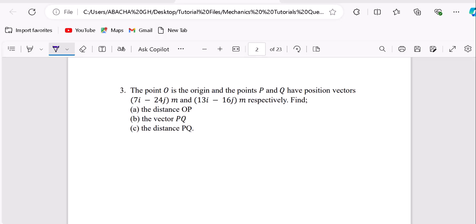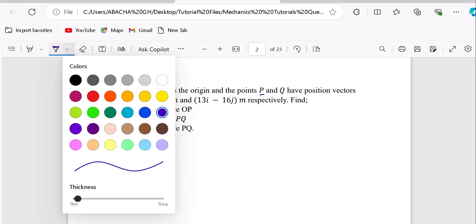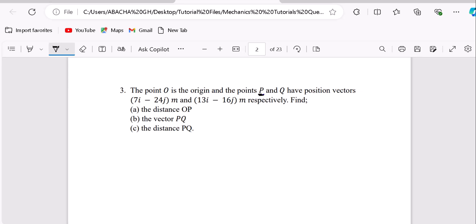We look at our third question, which is about vectors. The first vector is p, the second one is q. So we have vector p and vector q, and they are given.